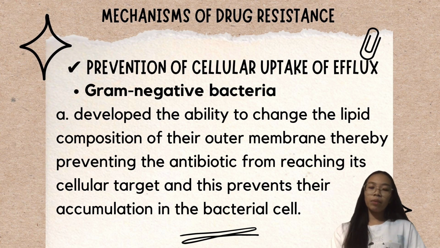First, gram-negative bacteria develop the ability to change the lipid composition of their outer membrane, thereby preventing the antibiotic from reaching its cellular target, and this prevents its accumulation in the bacterial cell. So, to understand better, in short, it prevents the antibiotic from entering the bacterial cells. Next slide.